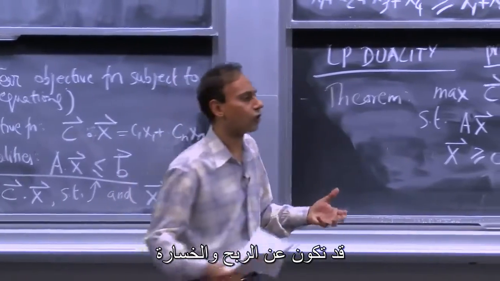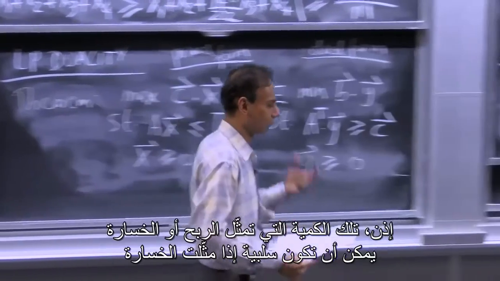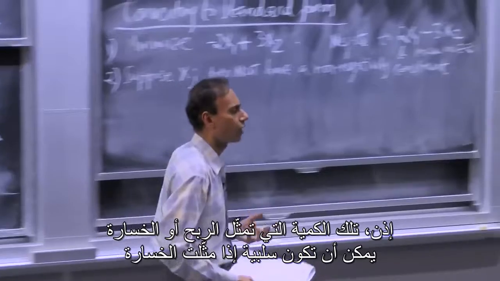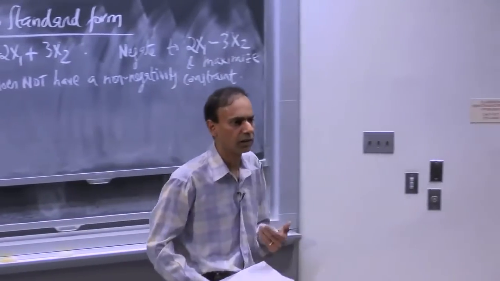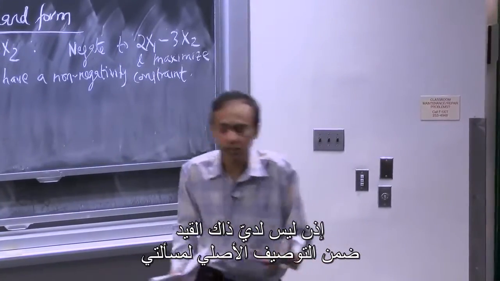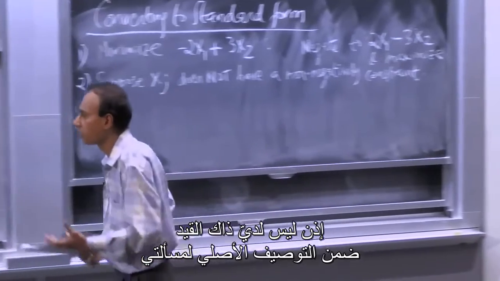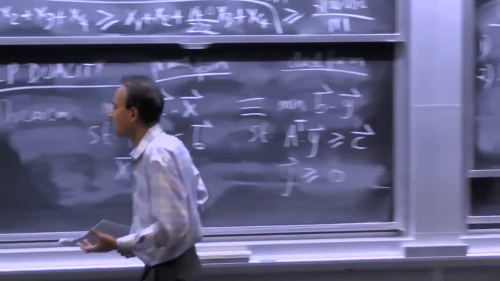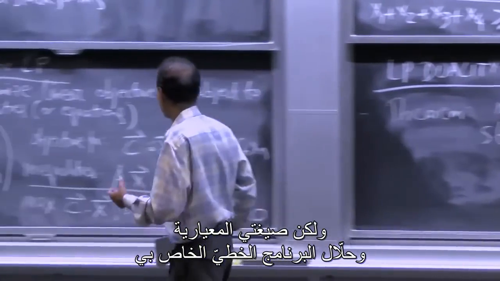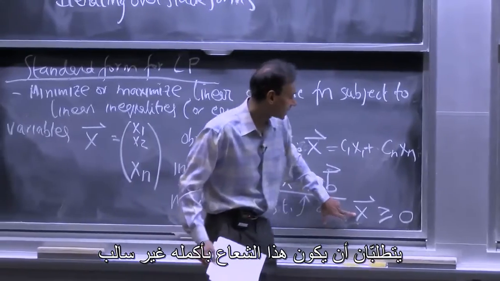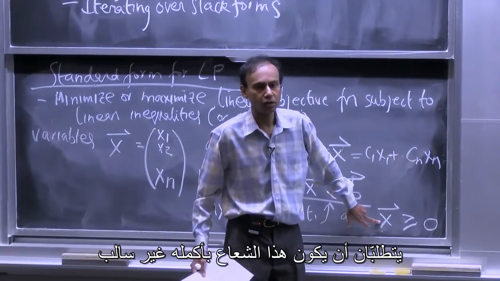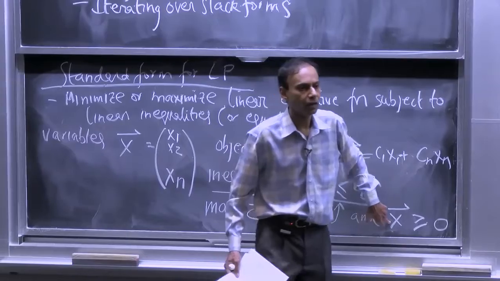It might be profit or loss. So that quantity represents profit or loss, so it could go negative if it's loss, right? So I don't have this constraint in my original problem specification, but my standard form and my LP solver requires this entire vector to be non-negative, all right?